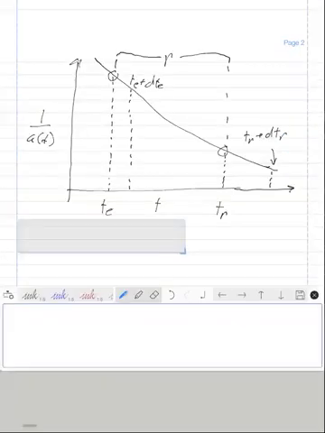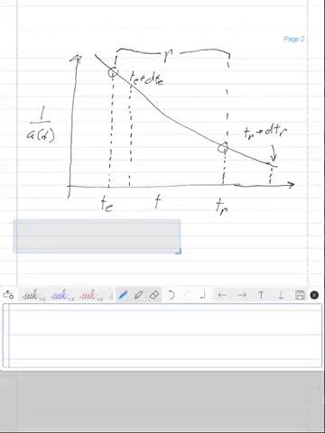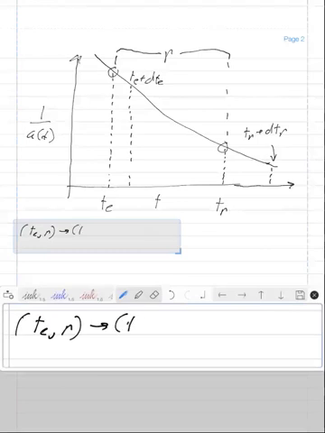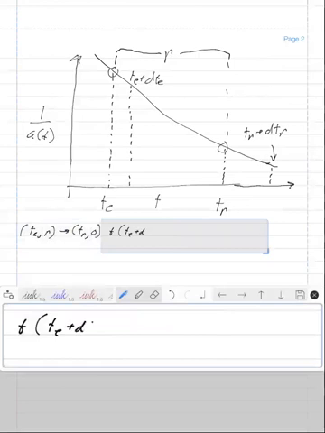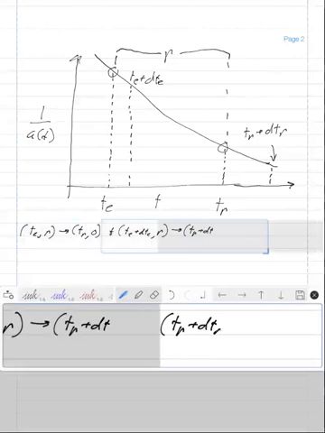So just to recall, initially we have events TE, R are connected by a light-like interval to TR, 0. And we also have the event TE plus dTE, R is connected by a light-like interval to the event TR plus dTR, 0.